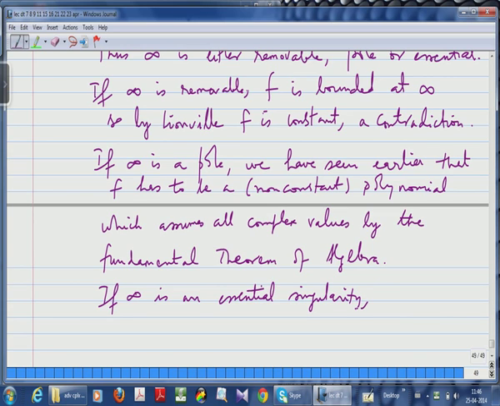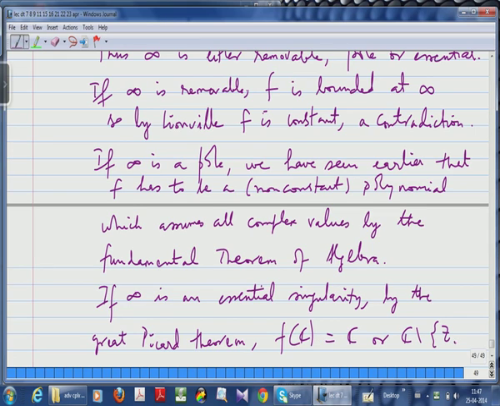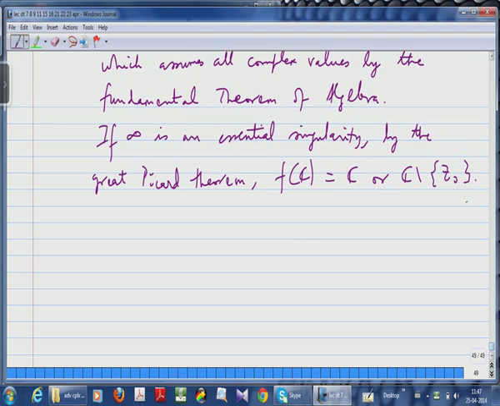Apply the big Picard theorem, or the great Picard theorem: f of C is C or C minus a point. So that finishes the proof of the little Picard theorem.